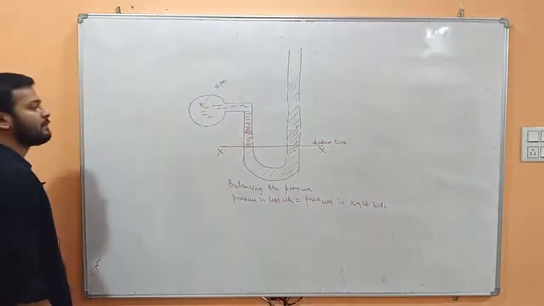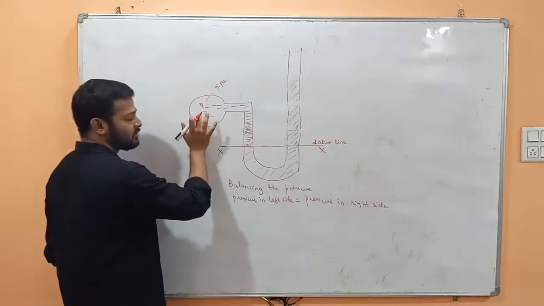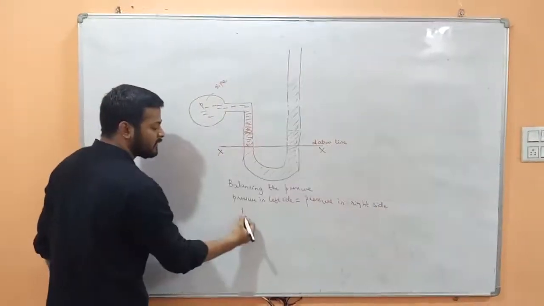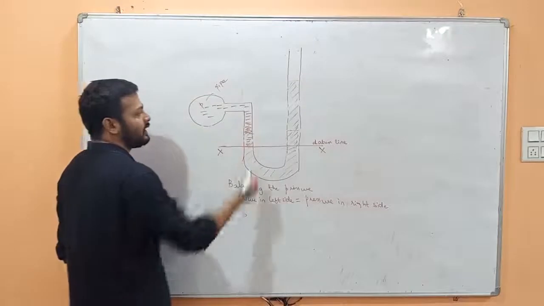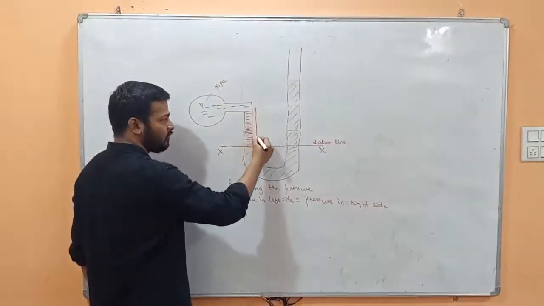So what is the pressure in the left side? First is the pressure because of the liquid inside the pipe, that is P, which we are going to find out, and one is this height of liquid.